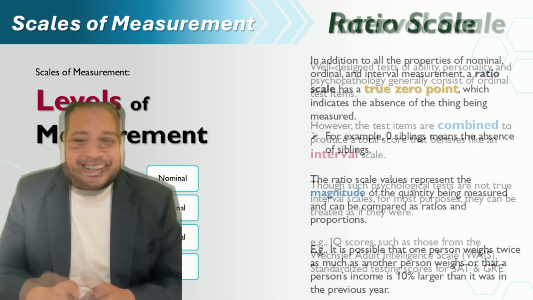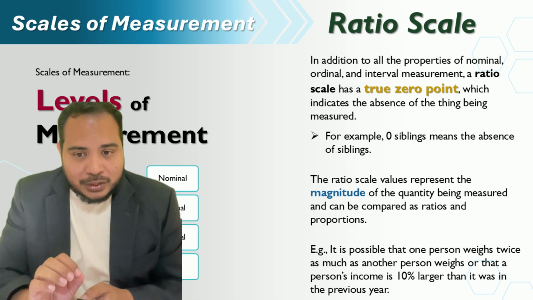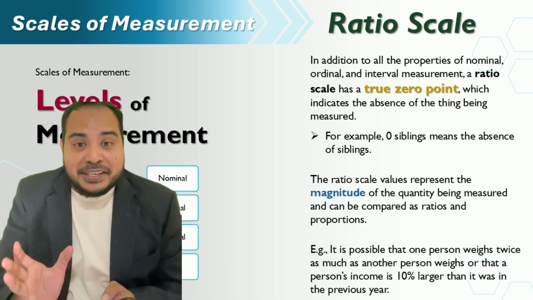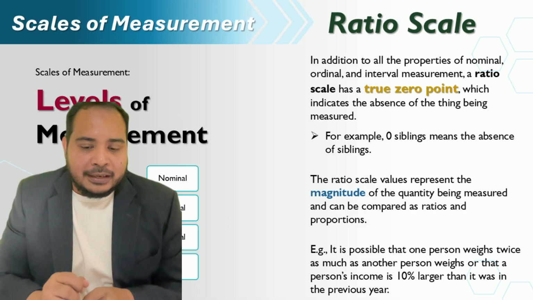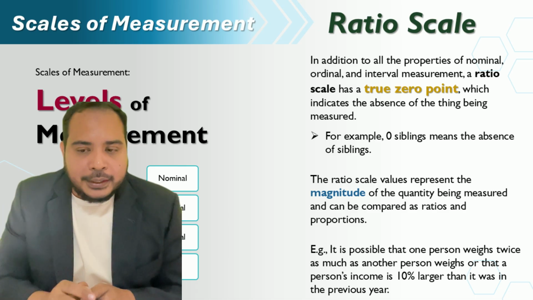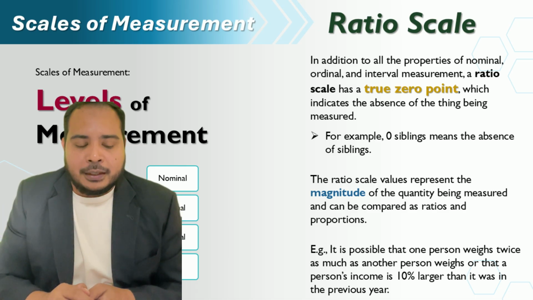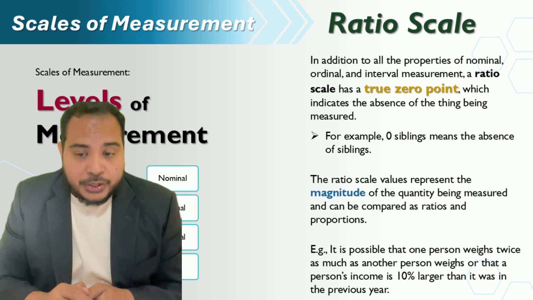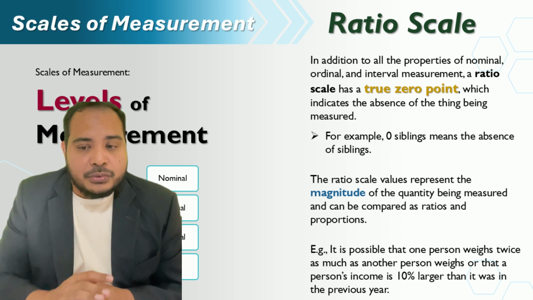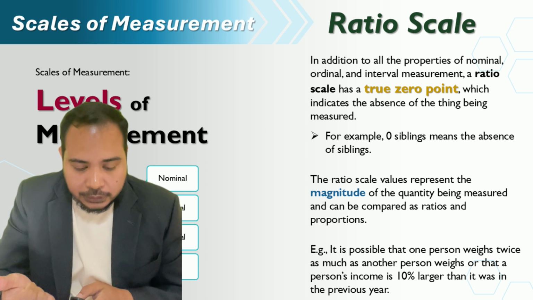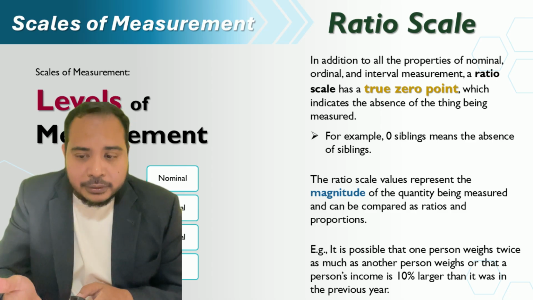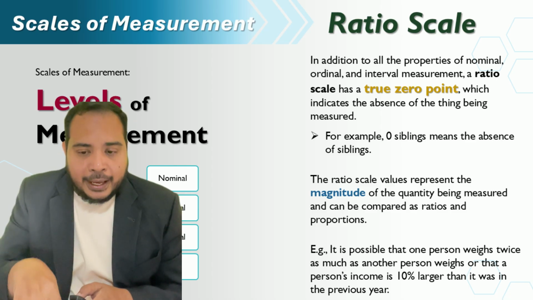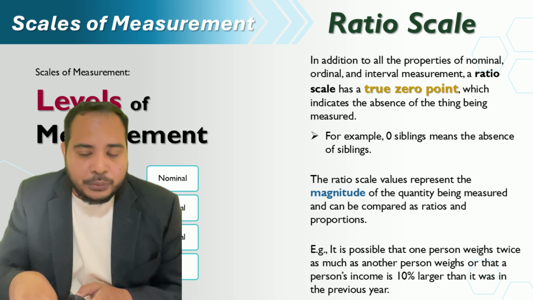The last one, which is the best if you can regard it as containing all of the properties, is the ratio scale. Though it's very hard to have a scale that has ratio property. In addition to all of the properties of nominal, ordinal, and interval, a ratio scale has a true 0 point.